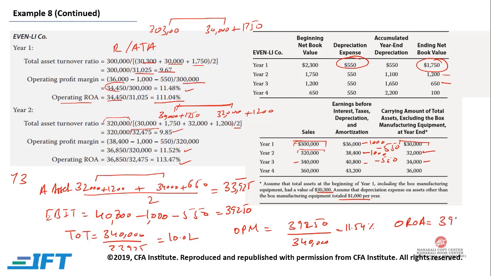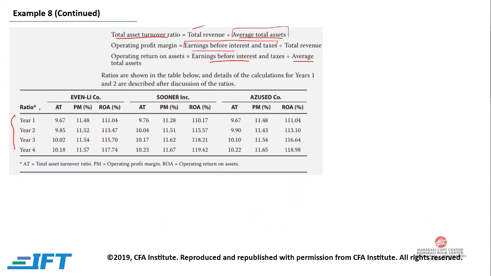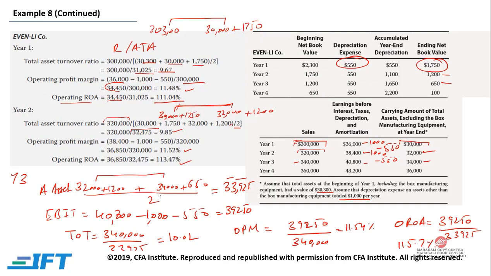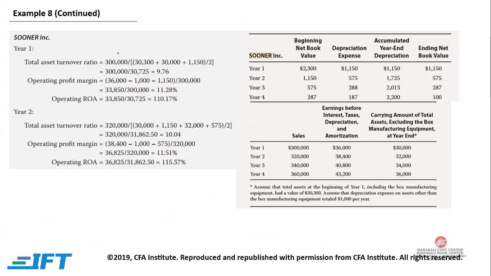That will be EBIT, 39,250, divided by your assets, 33,925, which would be 115.7%. Let's check. The first one is 10.02, 11.54, and 115.7, and that is what we are getting.